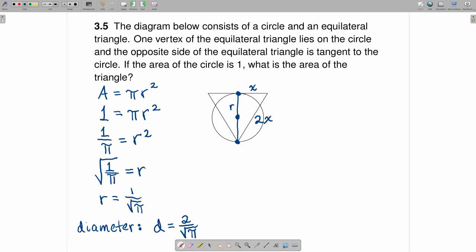And you can now see, because we have a right angle right here, we can use the Pythagorean theorem.